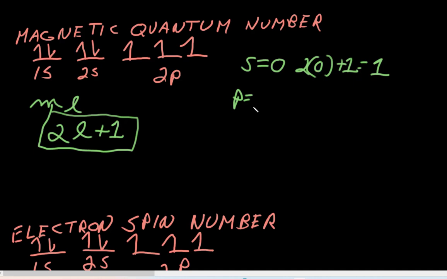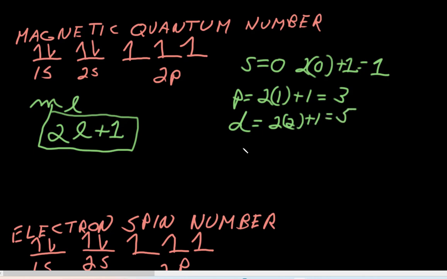If we were in the P, it would be 2 times 1 plus 1. That would equal 3, so we could have 3 possible values, and we'll look at those in just a second. If we were in the D, then you can probably guess what's going on here. 2 times 2 plus 1 equals 5. And if you were in the F, it would be 2 times 3 plus 1 equals 7.